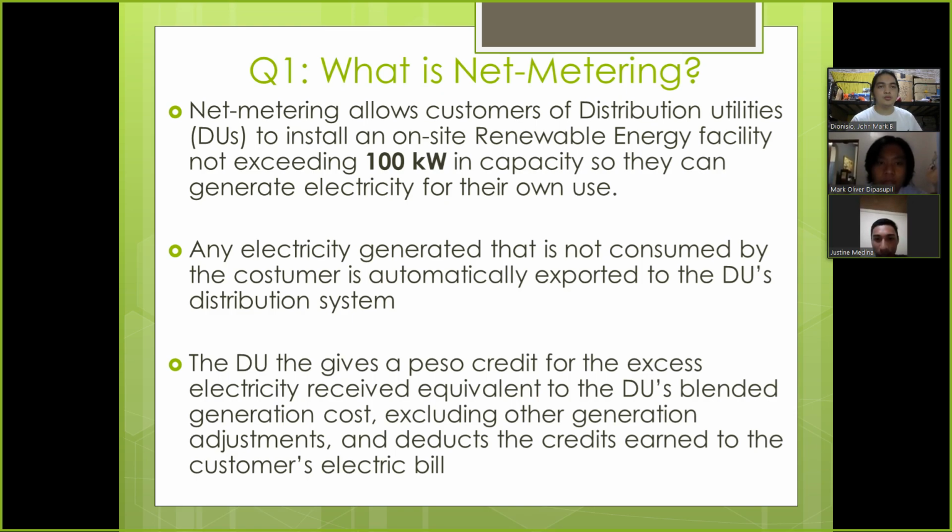Next, any electricity generated that is not consumed by the customer is automatically exported to the DU's distribution system. The DU gives a peso credit for the excess electricity received equivalent to the DU's blended generation cost, excluding other generation adjustments, and deducts the credits earned to the customer's electric bill.